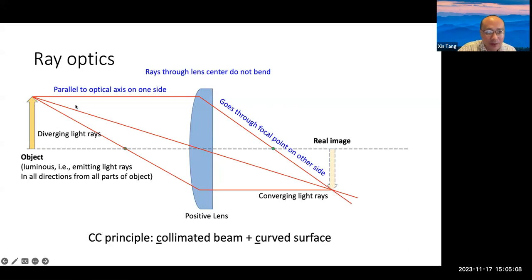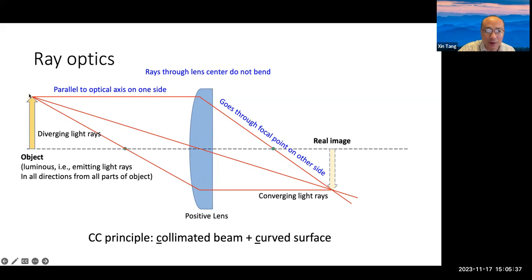For the positive lens, if we have an object sitting more than one focal length away from the positive lens, then for the light coming from each point of the object, we can determine where it will converge after going through the lens.